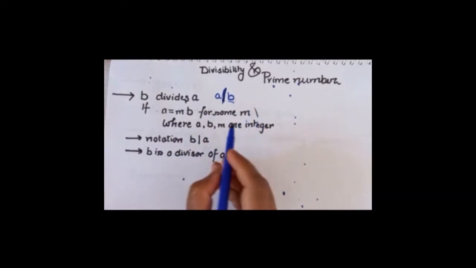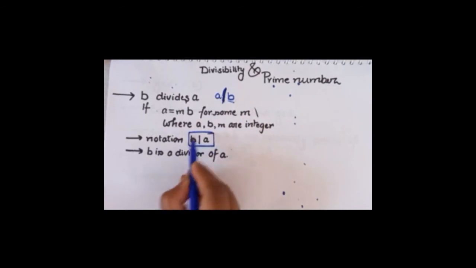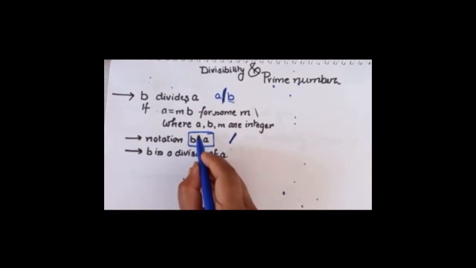Always remember, this is the notation for b divides a. You write b, a straight line, a. This is not a division sign, this is just a straight line. B straight line a means you're dividing a by b.